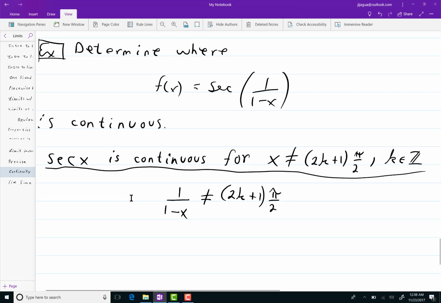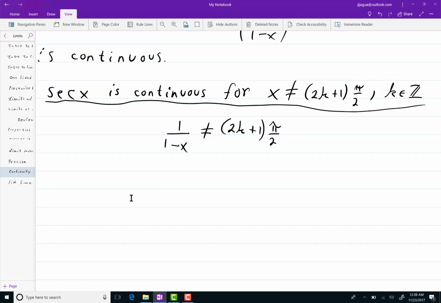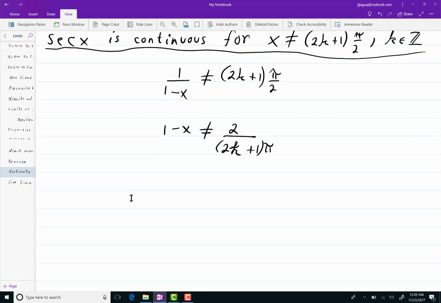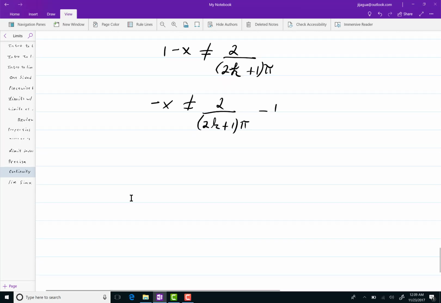Now, it's weird to be solving a not-equality, but if I flip both sides, I get 1 minus x is not equal to 2 over 2k plus 1 times pi. Subtract 1. Negative x cannot equal 2 over 2k plus 1 pi minus 1.